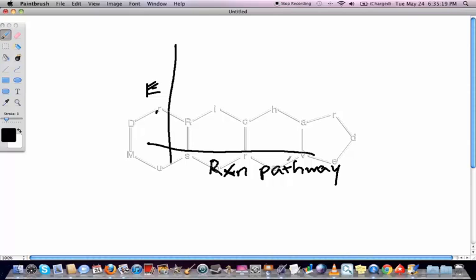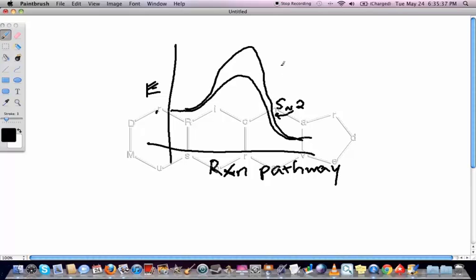So we've got energy, we've got reaction pathway. This might be a typical SN2 energy pathway, and this might be a typical E2 energy pathway. As you can see, the activation energy required to get the E2 is going to be greater than the activation energy required to get the SN2.